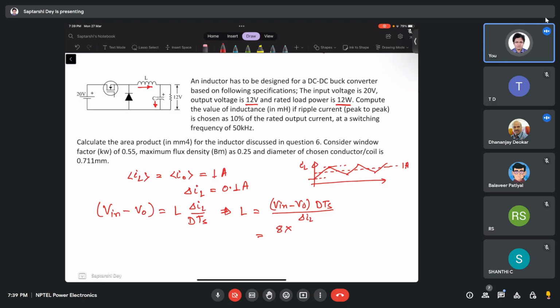Duty ratio is not given. They have not mentioned CCM also, but we will assume CCM. So duty ratio is 12 by 20, 0.6, times 0.6. TS is 1 by 50 kilohertz, times delta I. So this is the inductance that we will need.